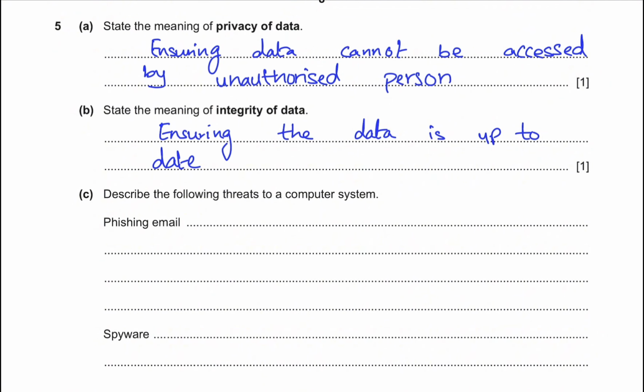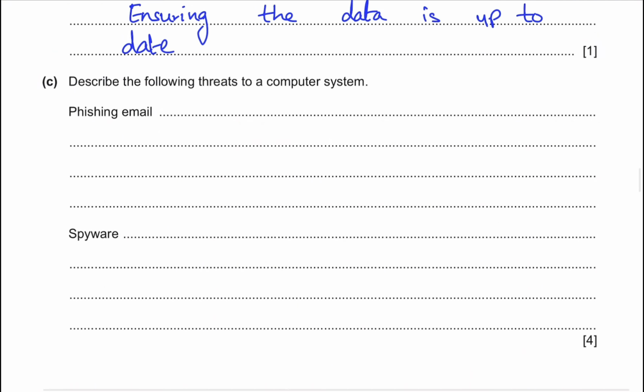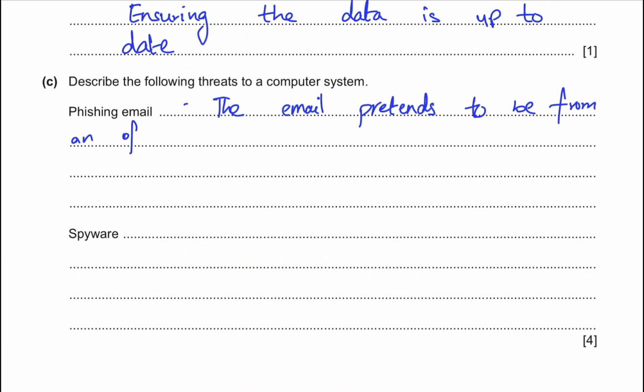Okay. C. Describe the following threats to a computer system. Phishing email. The threats by a phishing email could be that the email pretends to be from an official body. Okay, this is 1 point.